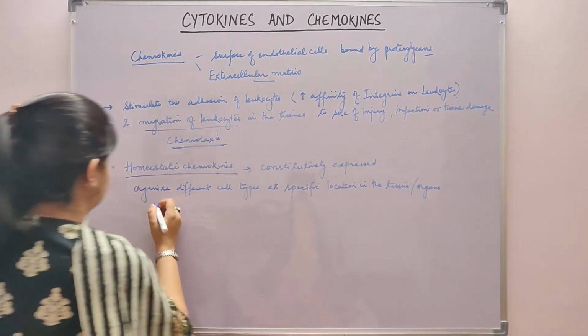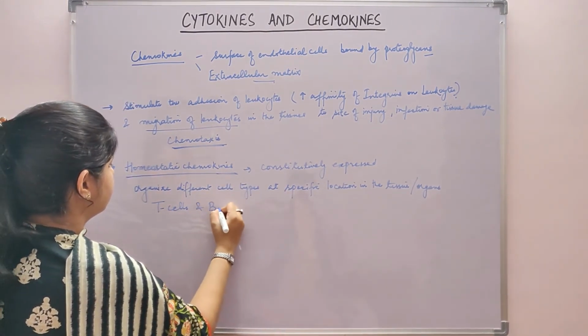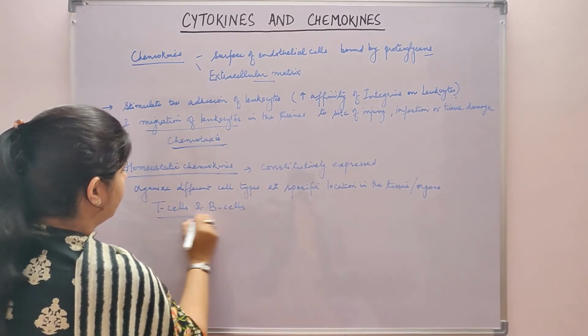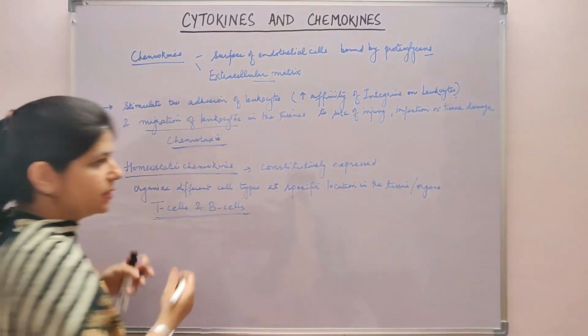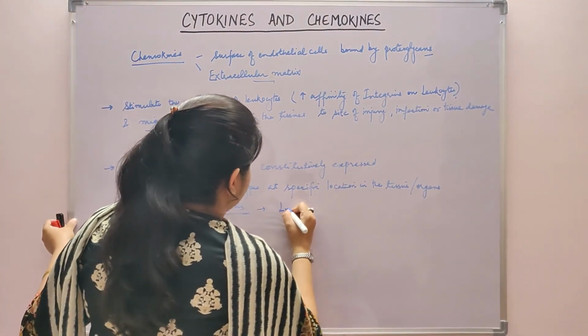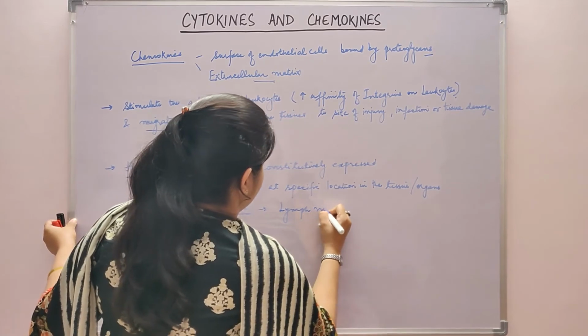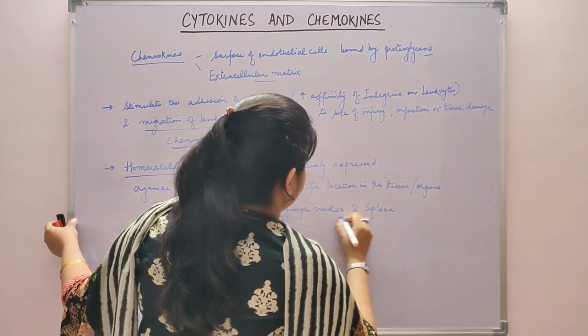For example, the T cells and B cells are present at specific anatomic locations in the lymph nodes and spleen. So this is done by the chemokines.